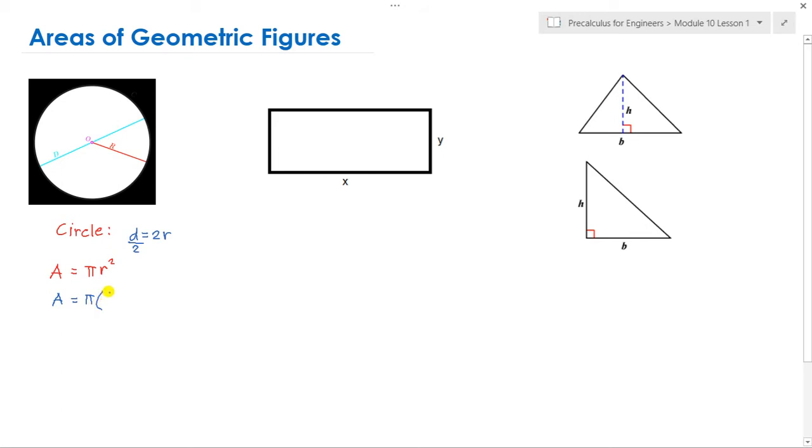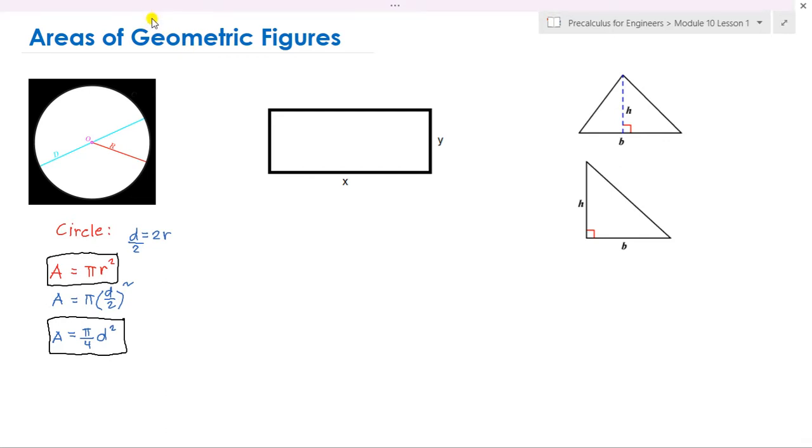Therefore, we have pi times (d over 2) squared, which gives another formula for the area of a circle in terms of diameter: pi over 4 times d squared. You can use either pi r squared, or in terms of diameter, pi over 4 d squared.